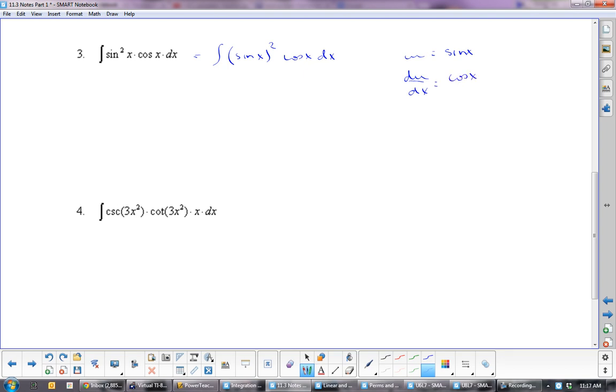What a coincidence. du over cos x equals dx. Cos x dx. Or to the left, my integral sign.